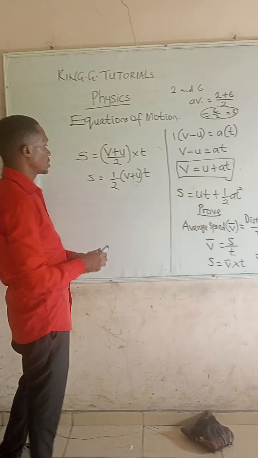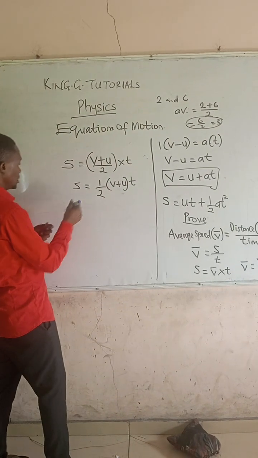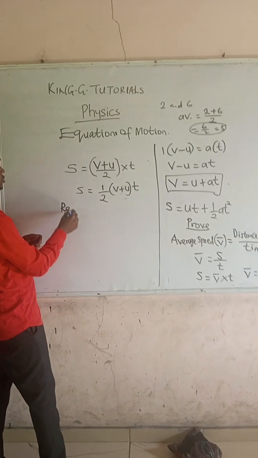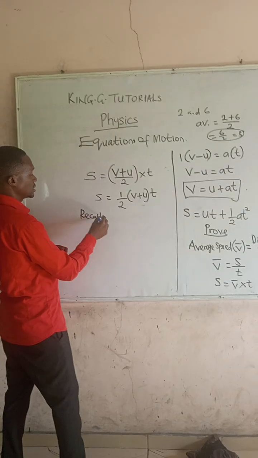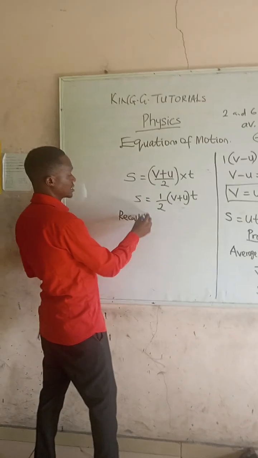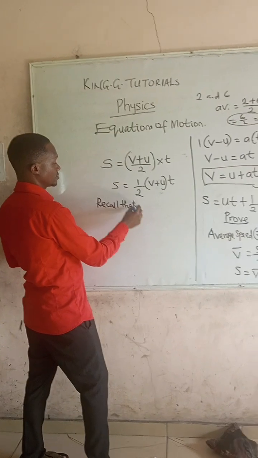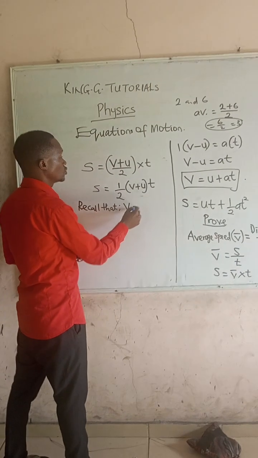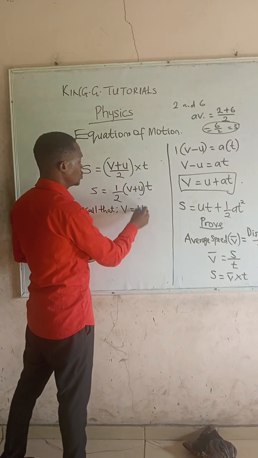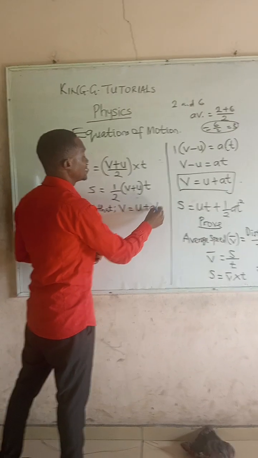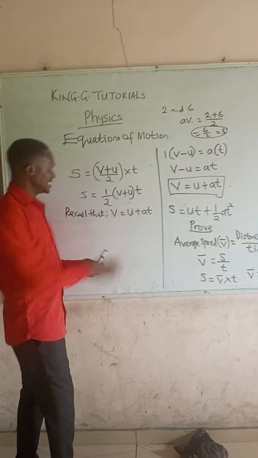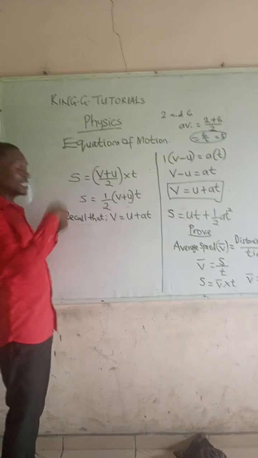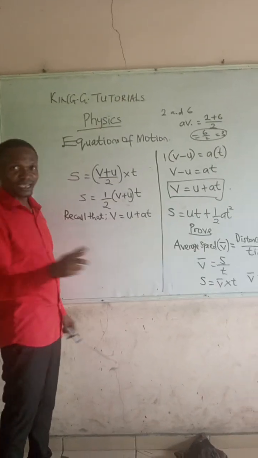Now to move forward, I then say, recall that my V is equal to U plus AT. It means that in this equation, anywhere we see V, write what?